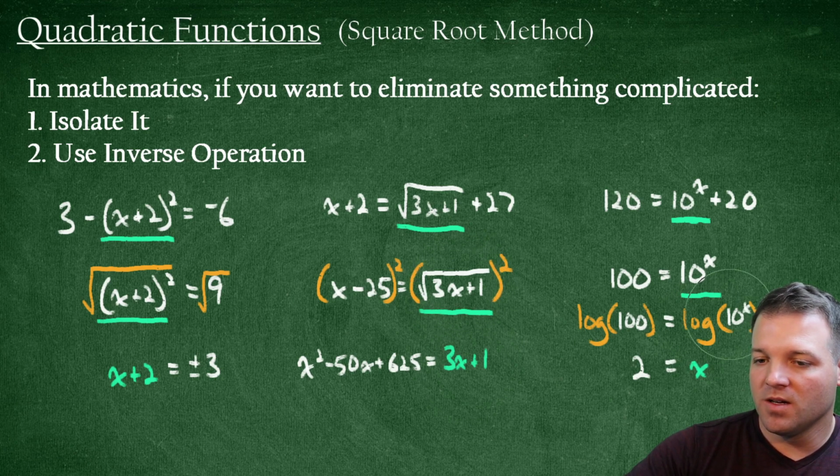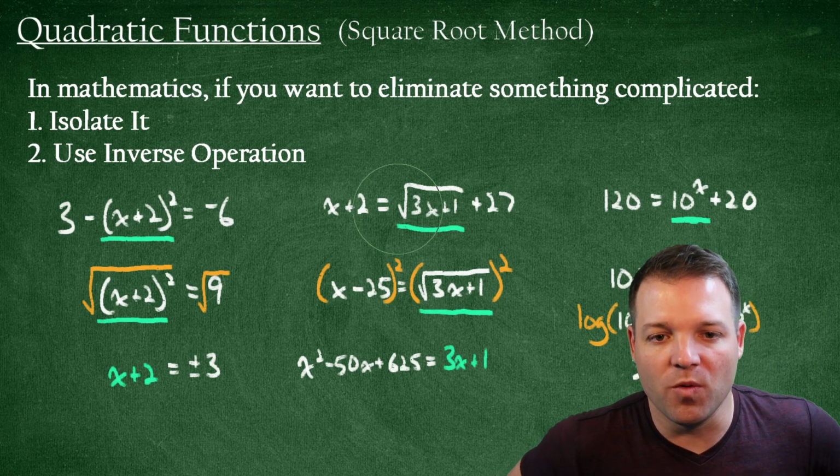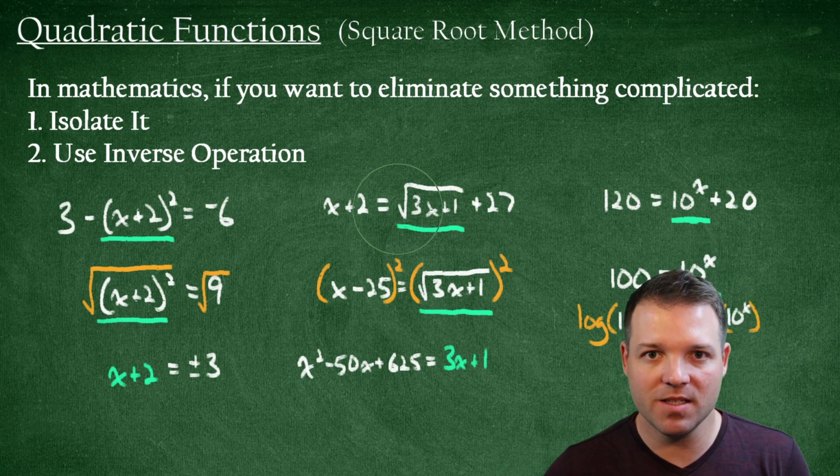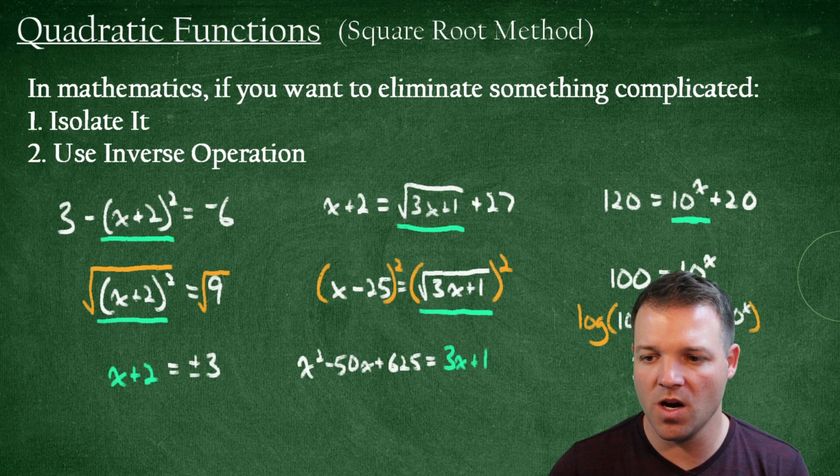And over here, I'm trying to get that x out of 10 to the x. Well, if I take log base 10 of 10 to the x, then the x pops out. Okay, these are just a few examples: whenever you see something complicated, isolate it, and then apply the inverse operation, and you'll be ready to go. Okay? All right, let's continue on.